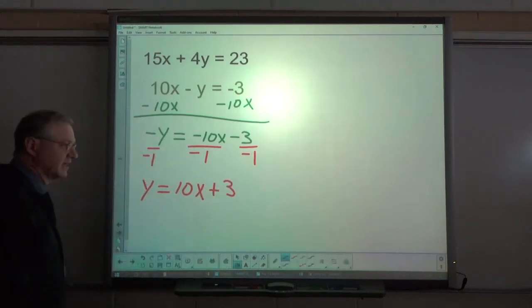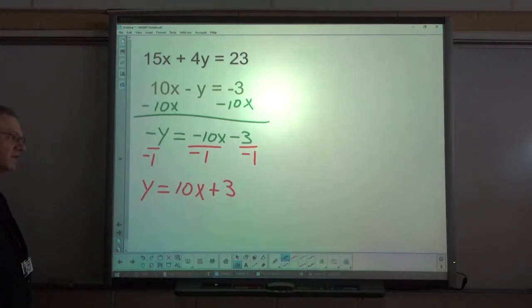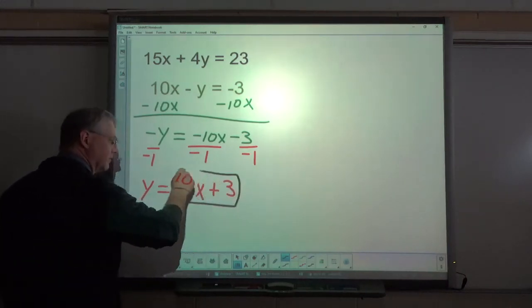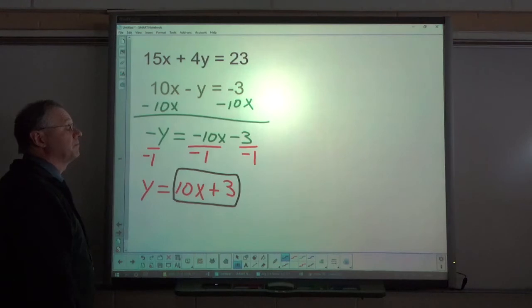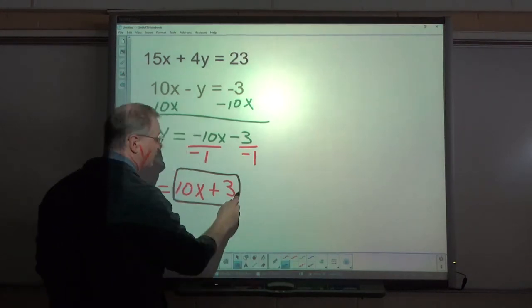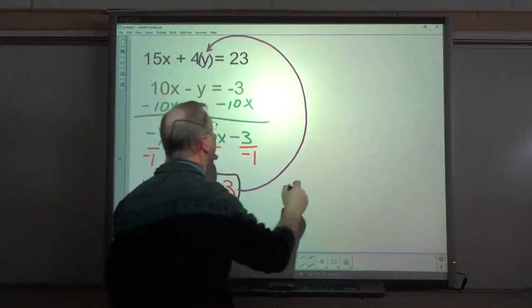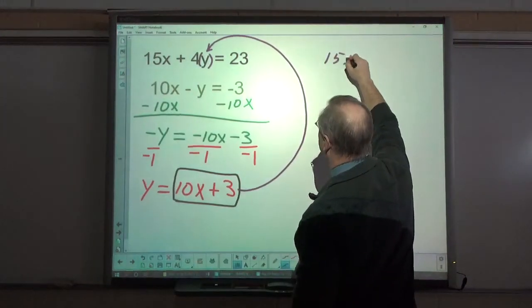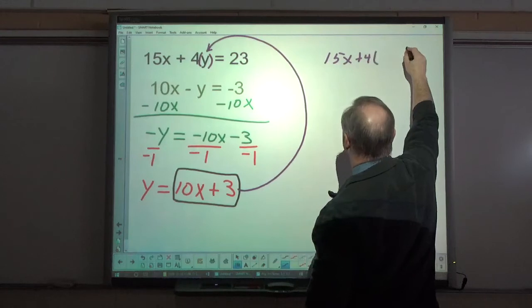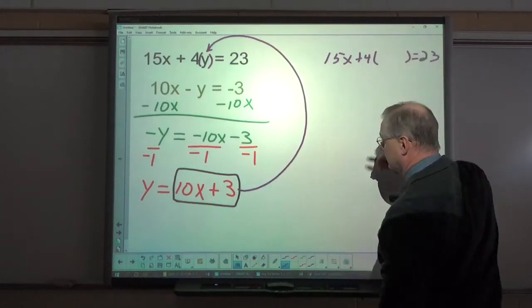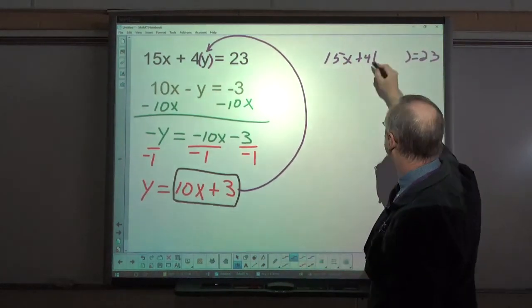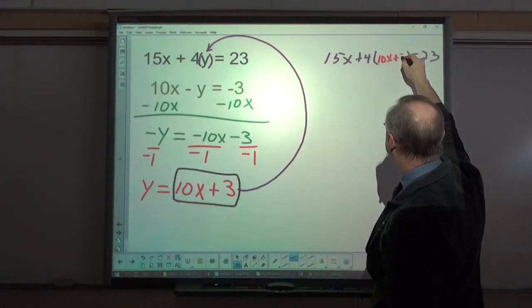So y equals 10x plus 3. So there's my y equals expression. So that is going to replace the y value here. 15x plus 4 times y equals 23, and we're replacing y with 10x plus 3.